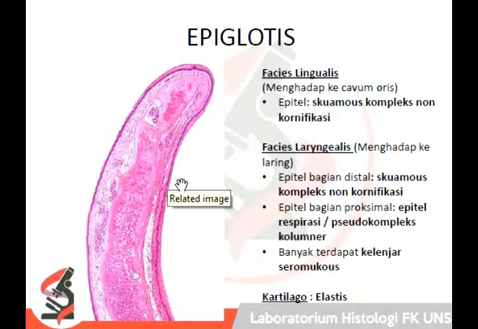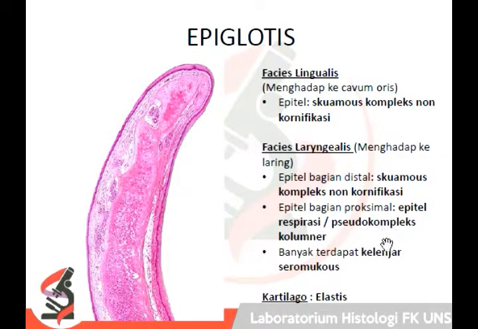The next is the epiglottis. It has two surfaces, the lingual surface and the laryngeal surface, and the epithelium type of each surface is different. Stratified squamous non-keratinized epithelium is found on the lingual surface, and the laryngeal surface has a different type of epithelium.